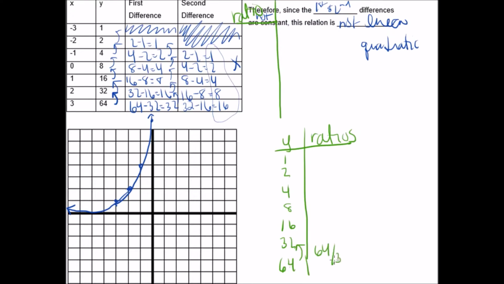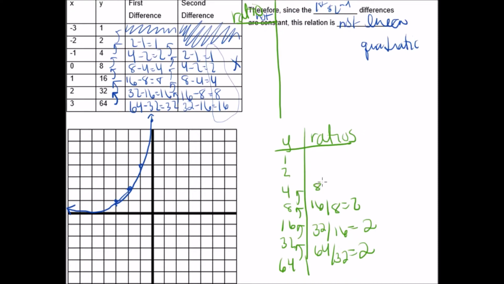Over here, ratio. Let's find the ratio between the y's. I'm just going to rewrite the y column and then write the ratios. We have 1, 2, 4, 8, 16, 32, 64. If we take 64 over 32, that's a 2-to-1 ratio. 32 over 16, that's 2. 16 over 8, that's 2.